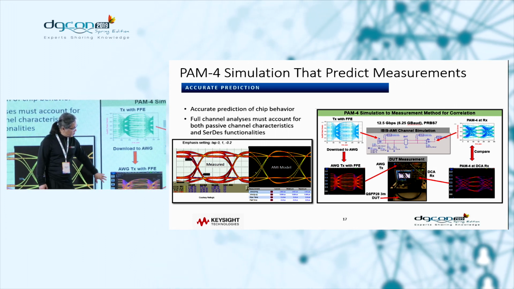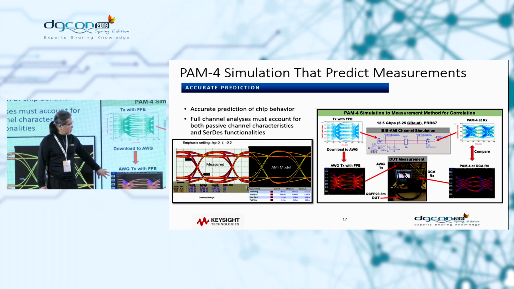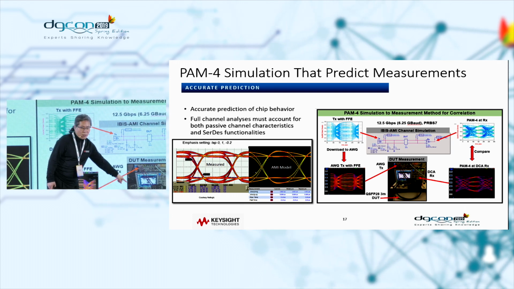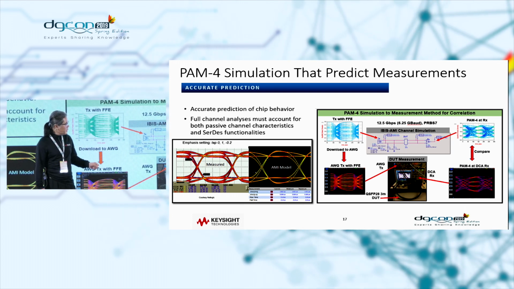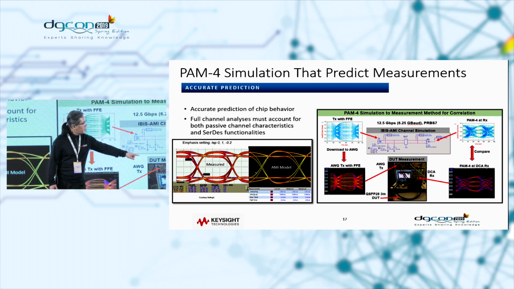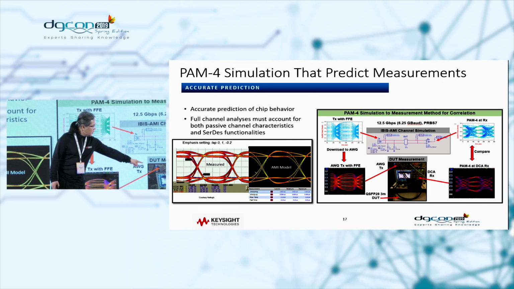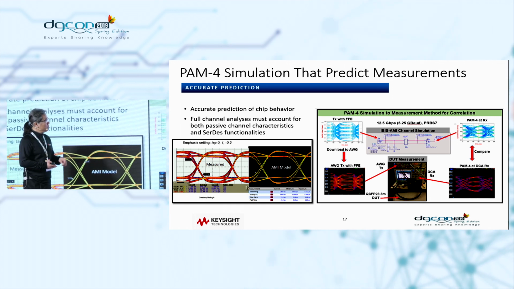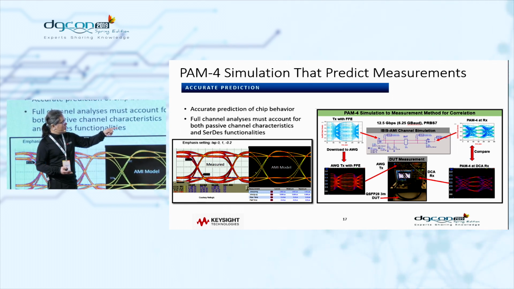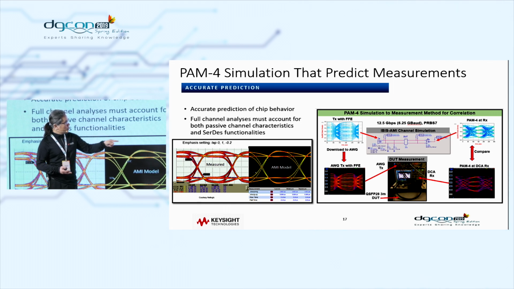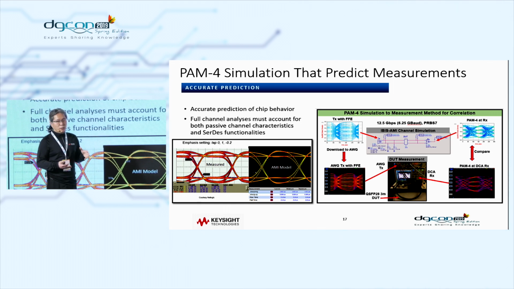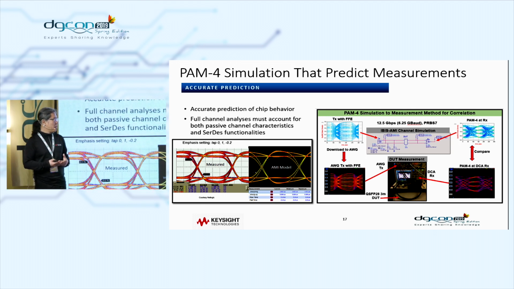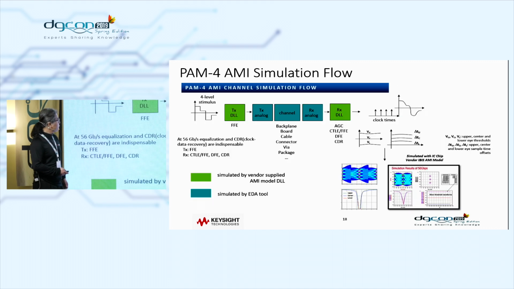At the bottom, it is really generating the waveform data with the AWG, and then measuring the data, which is real PCB data, and then getting the output data at the other side of the channel and comparing it to the simulation. As you can see, the PAM4 data coming out from the receiver compared to the measured data are very similar to each other, which really shows the accuracy of the IBIS-AMI model, right?